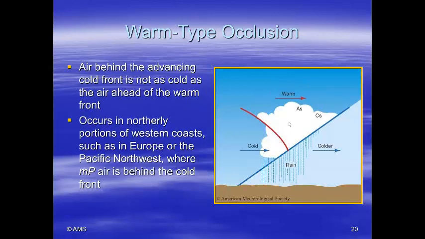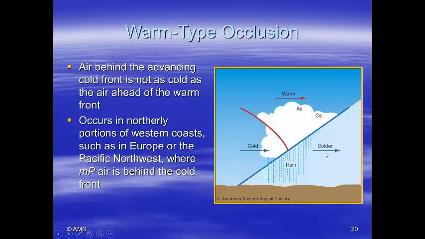With a warm air occlusion, the air behind the advancing cold front is not as cold as the air ahead of the warm front. So this occurs in northerly portions of the western coast, such as in Europe or the Pacific Northwest, where the marine polar air is behind the cold front.